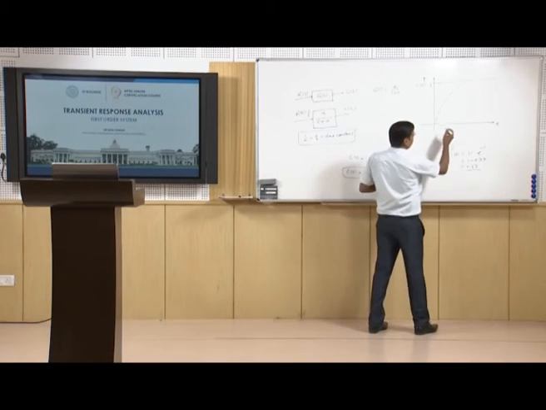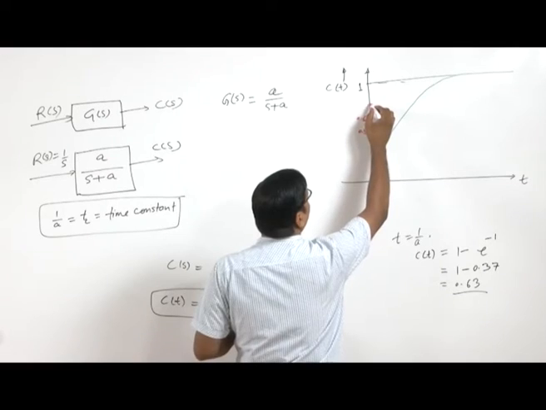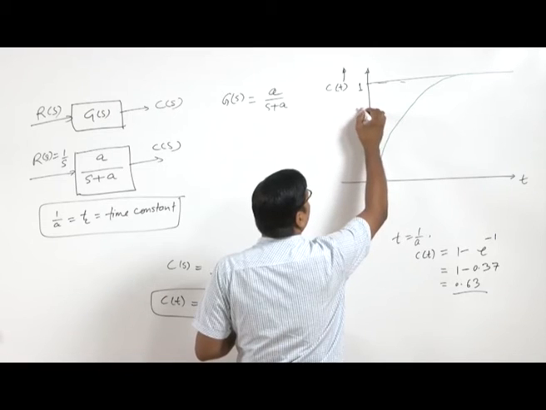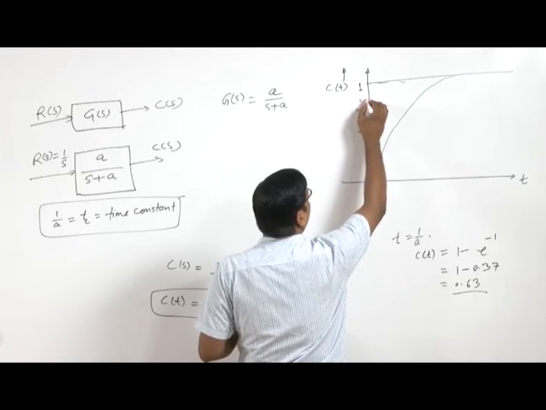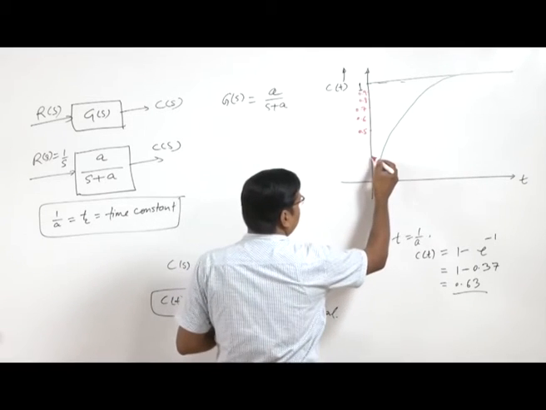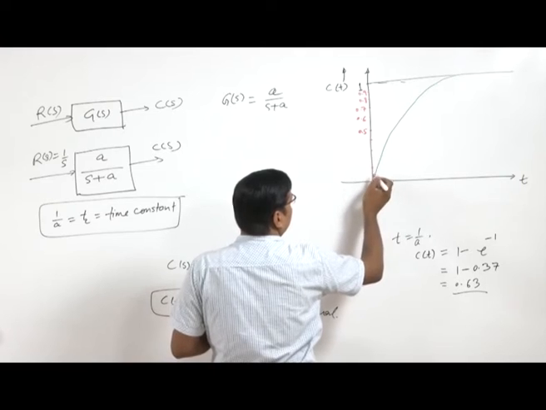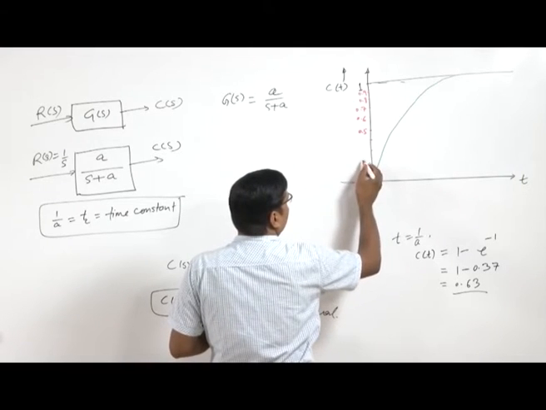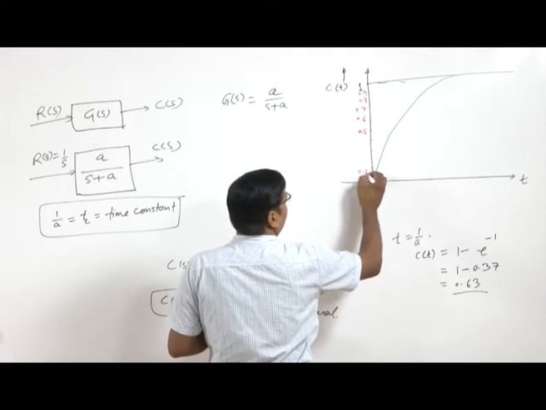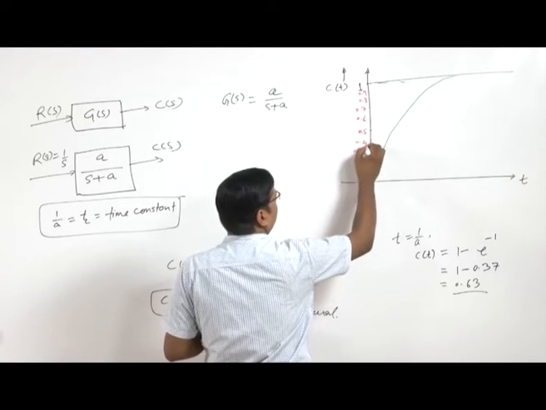Let's say this is 0.5, 0.6, 0.7, 0.8 and 0.9, and similarly here we can mark 1, 2, 3, 4.